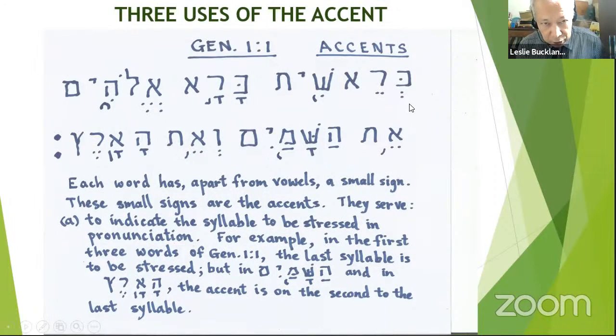Here is a conjunction. We or ve. This is waw, and this is a half vowel underneath it. We means and. In the beginning, God created the heavens and the earth.